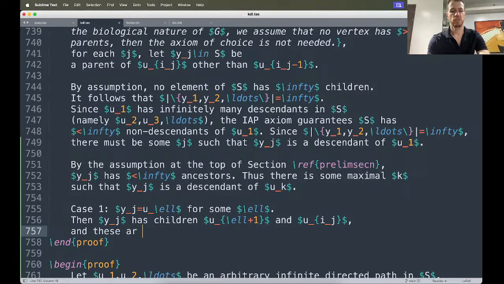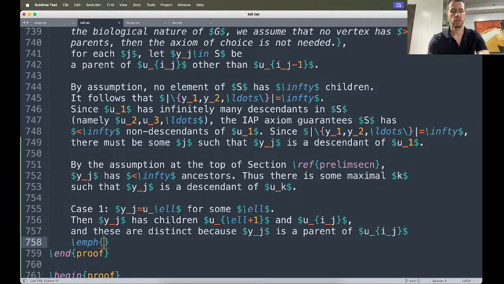And these are distinct because y sub j is a parent of u sub i sub j other than u sub i sub j minus 1.